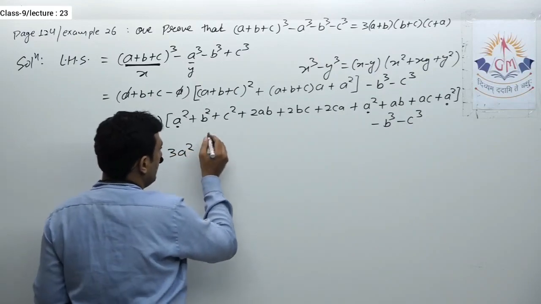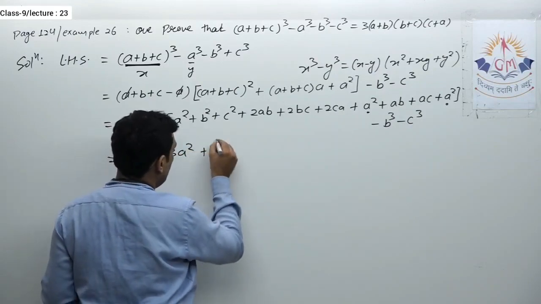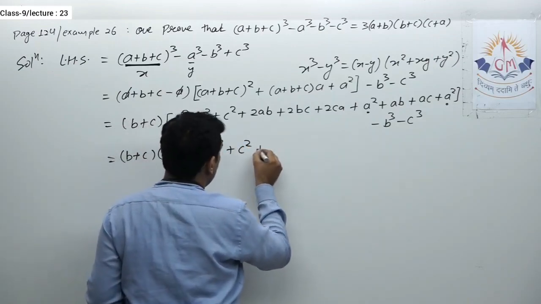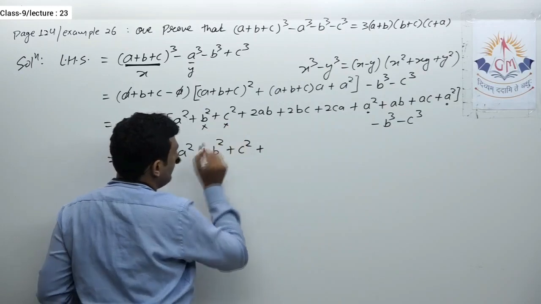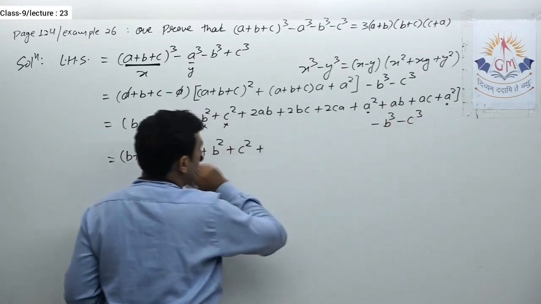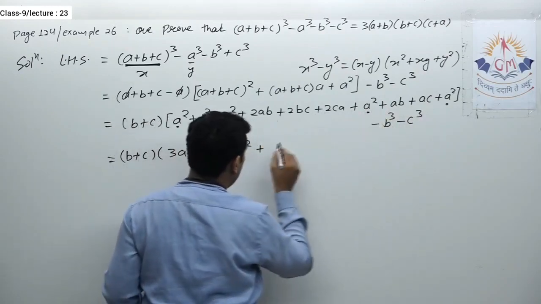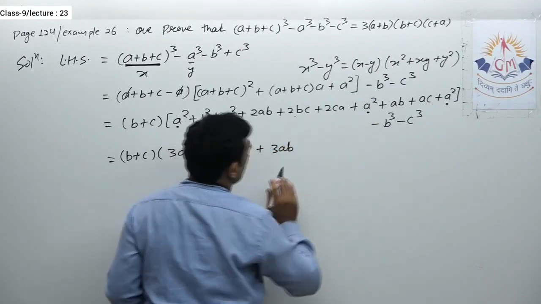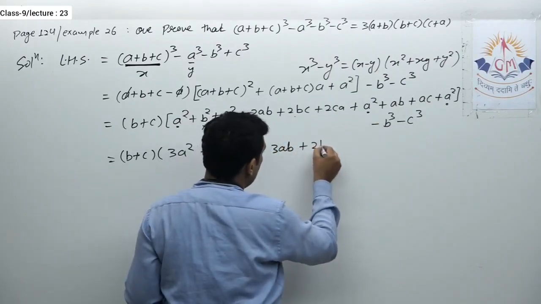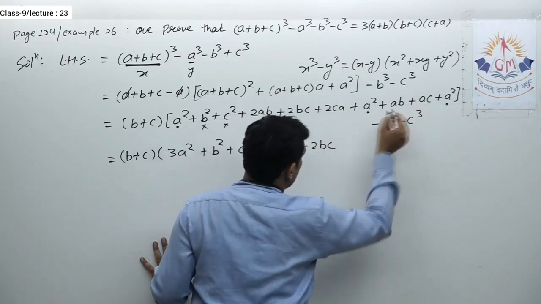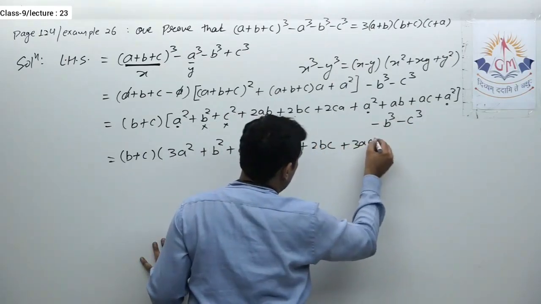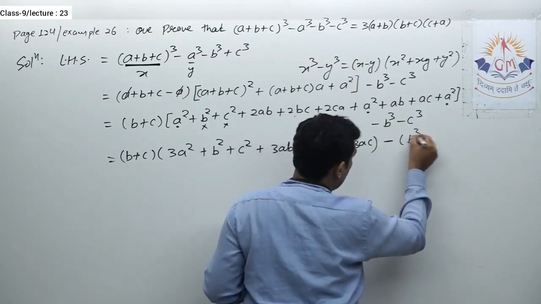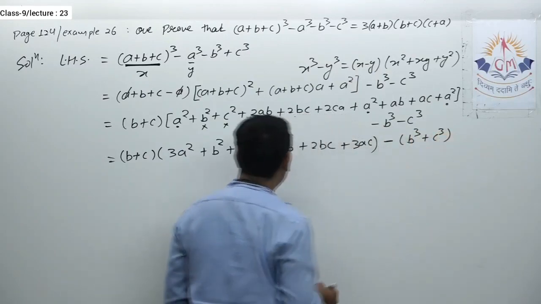Then plus b square plus c square, there isn't any other term of that. Then 2ab plus ab, 3ab, 2bc will remain alone, and ca plus ac, that is 3ac. And from this if I take minus sign common, I will get b cube plus c cube.